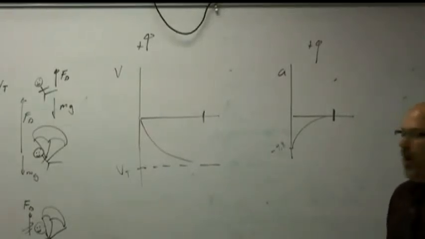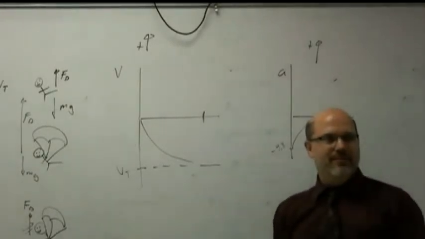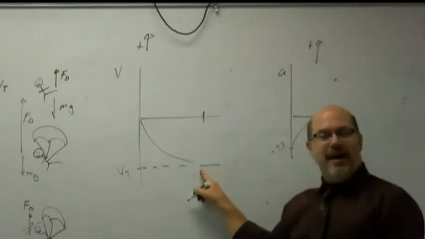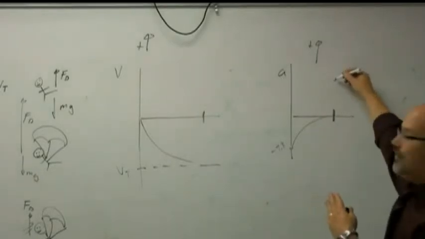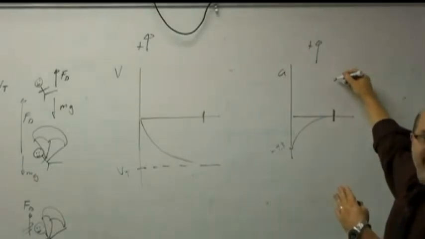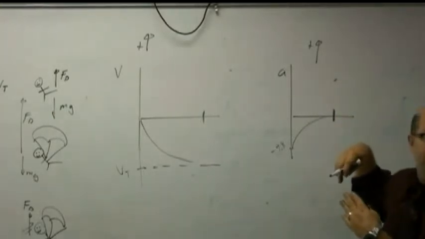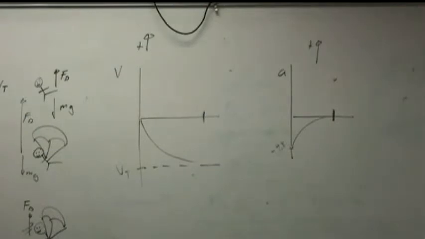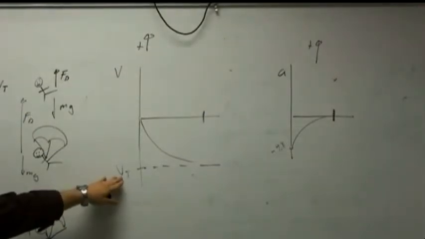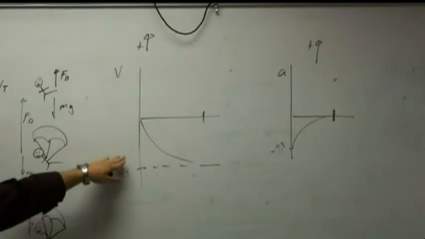And what will happen to my velocity? My velocity down here is going to get a slope equal to this value of positive a. And then you're going to slowly approach a new terminal velocity. Where will that new terminal velocity be? Above. Will it be this speed? No, you'll be falling at a slower speed, right?